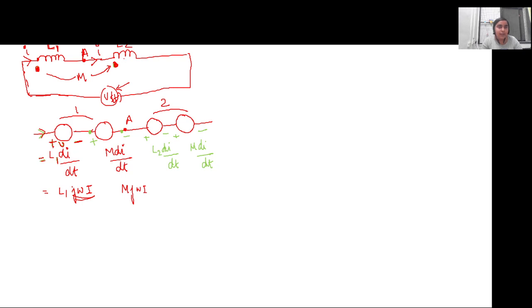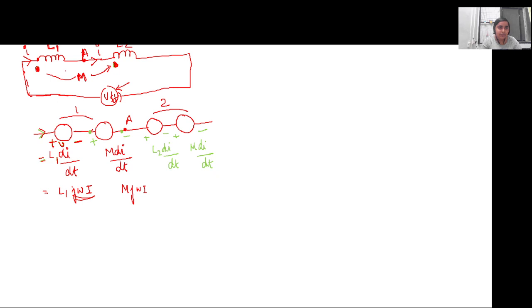Because of the presence of the other inductor, there will be flux linkage, and if the mutual inductance between these two circuits is given, then you can calculate the term contributing from the mutual inductance. The direction of that drop depends on the dot convention.